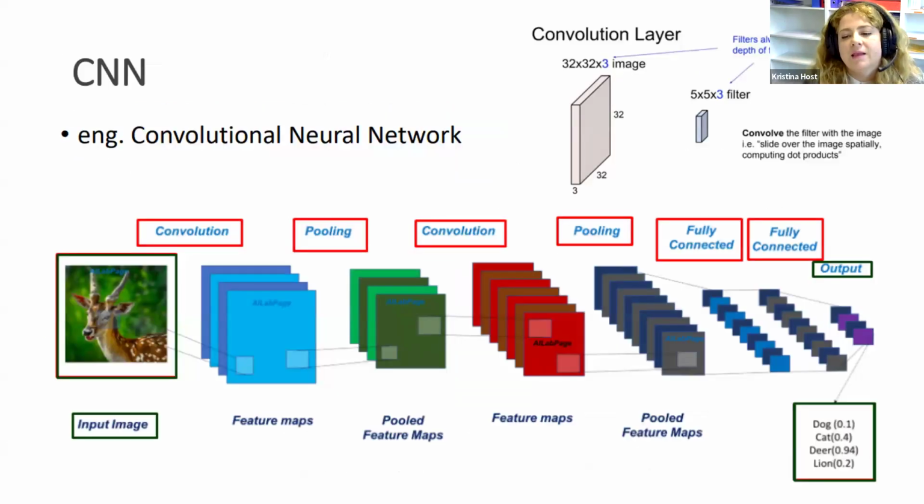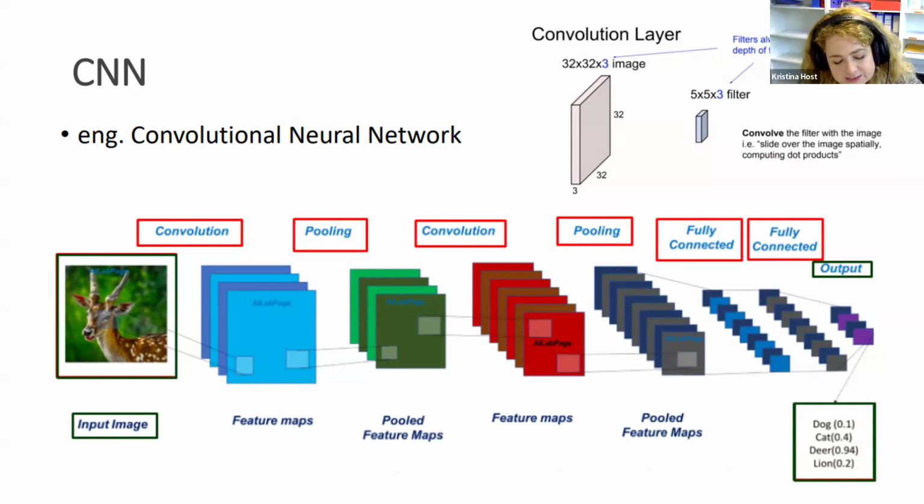Okay, so this is the data we will work on. And now let's go to convolutional neural networks. What are convolutional neural networks? You can see this image as an example of how they look.